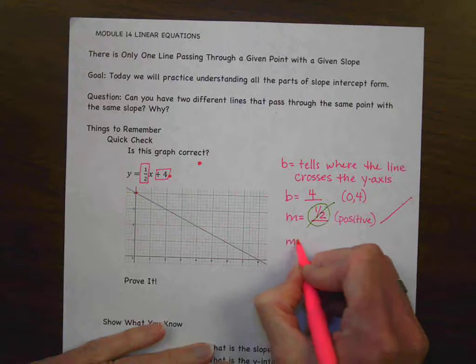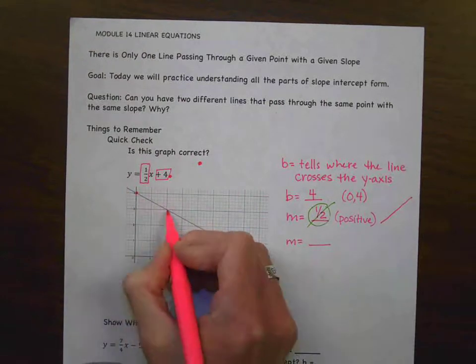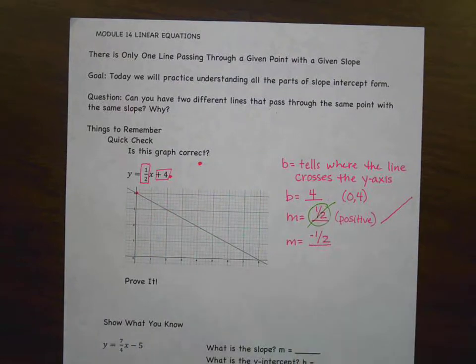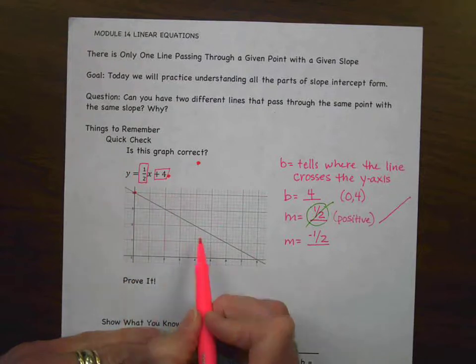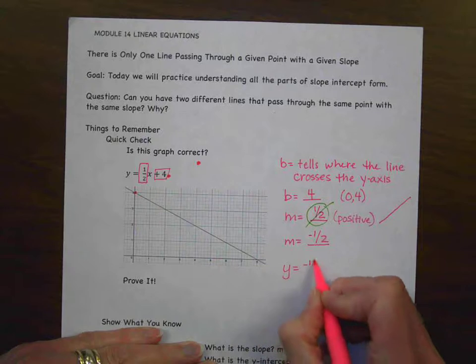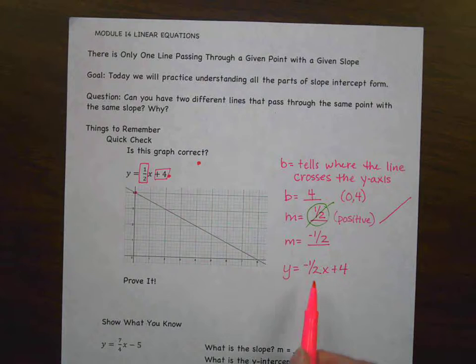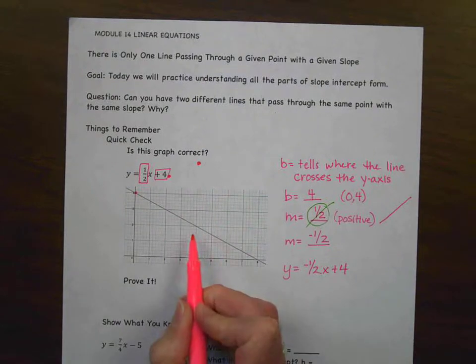It says go down 1 and to the right 2, so it actually has to be negative 1/2. Okay? So in order for this equation to match this graph, we would write it y equals negative 1/2 x plus 4. That equation right there is what defines this line right here.